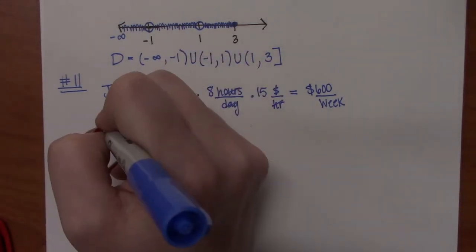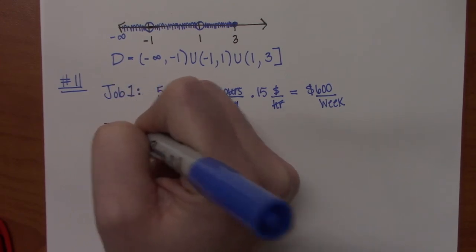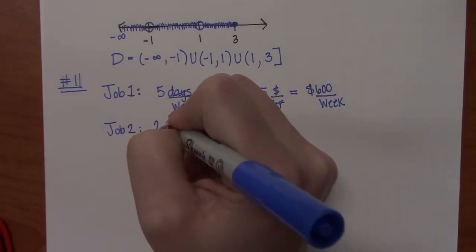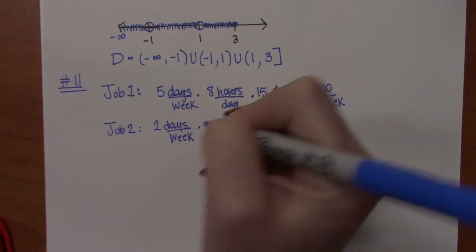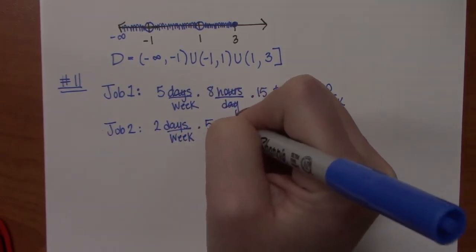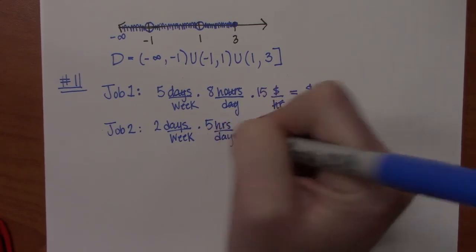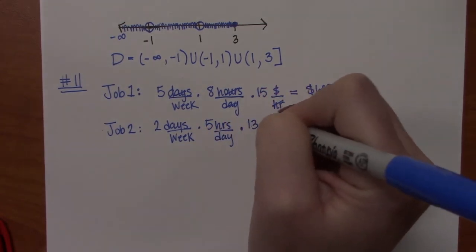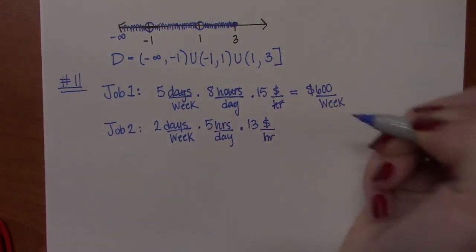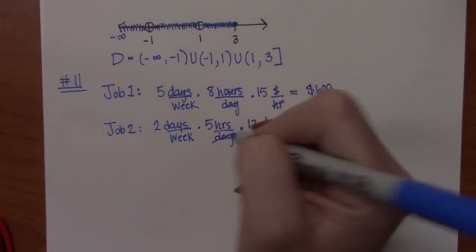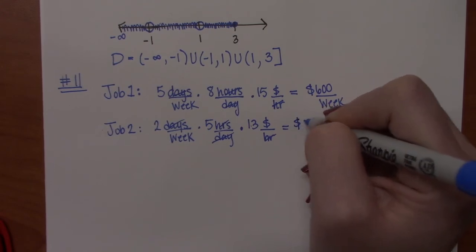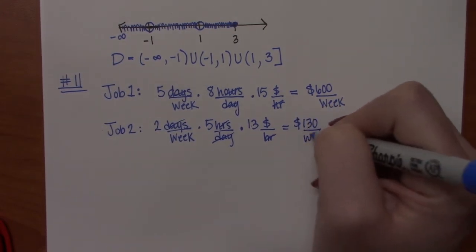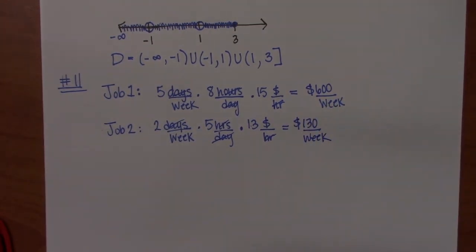At job number 2, he works 2 days a week at 5 hours per day, and he's paid $13 an hour. So once again, days cancel, hours cancel, and now you're getting $130 a week.